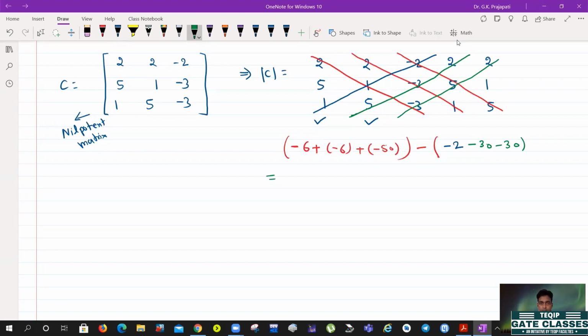Now we simplify it: -6, -6, -50, that is -62, minus, -2, -30, -30, this is again -62. When we simplify it, we get -62 plus 62, this will be 0.